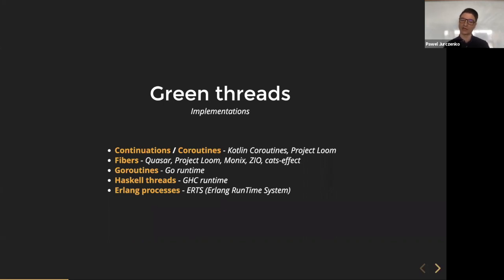And in case of Scala, we also have a couple of fiber implementations, for example, in Monix, ZIO, or Cats Effect. When it comes to future solutions on the JVM, we will have Project Loom, which will bring native support for continuations, coroutines, and fibers on the JVM platform itself. But this is a matter of the future. It's currently in the development process.